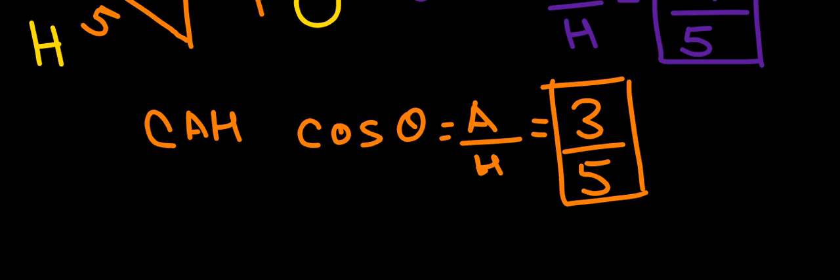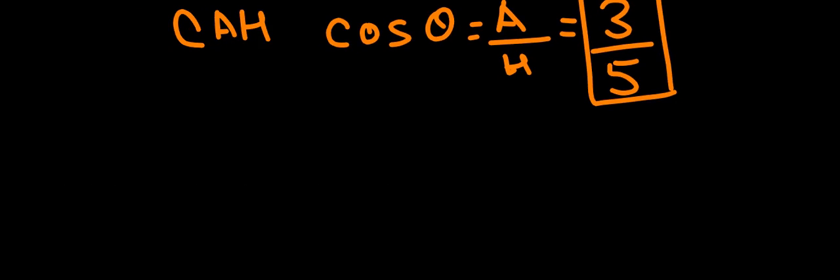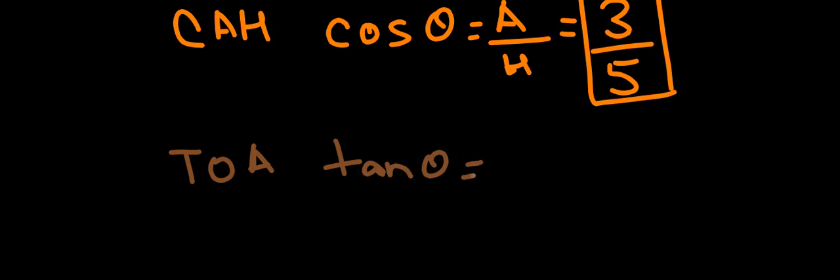And then let's go and find the tan theta. Our magic word is TOA, and tan theta equals opposite over adjacent.